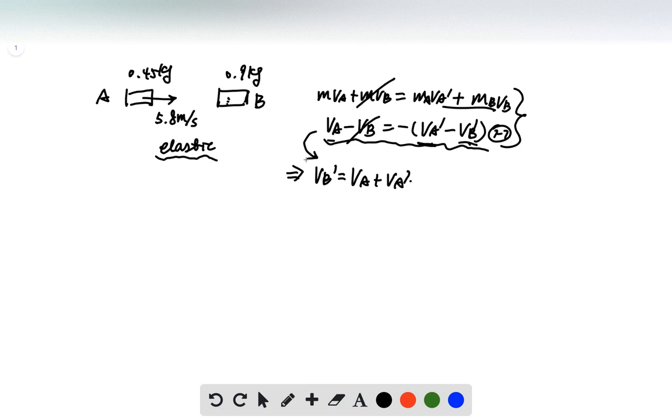Let's call this equation 3. This is equation 1 and equation 2. If we plug equation 3 into equation 1, then we can replace all the VB prime by VA and VA prime, so we cancel VB prime from these equations. Then the only unknown in the equation will be VA prime.